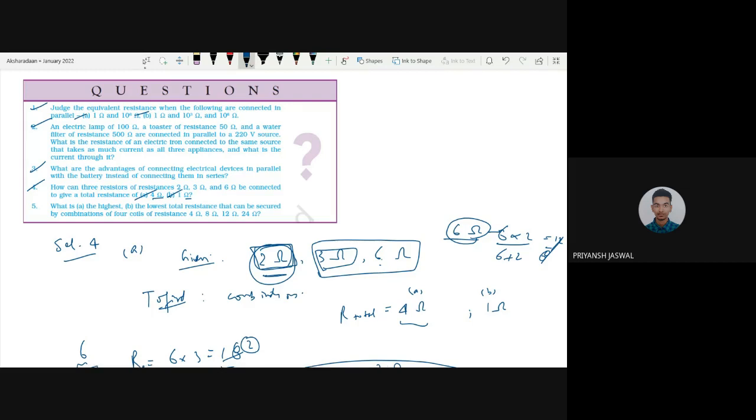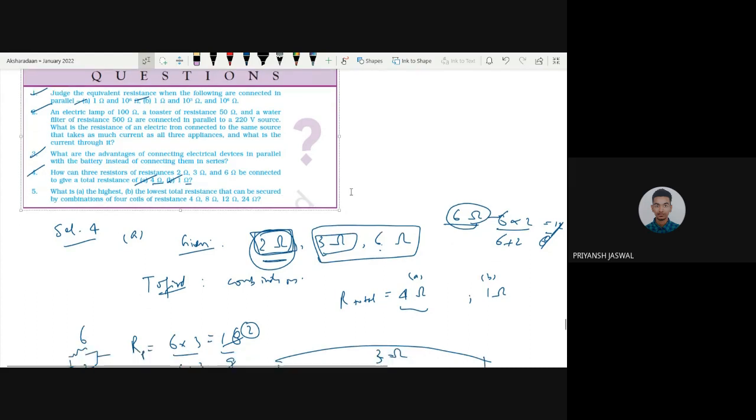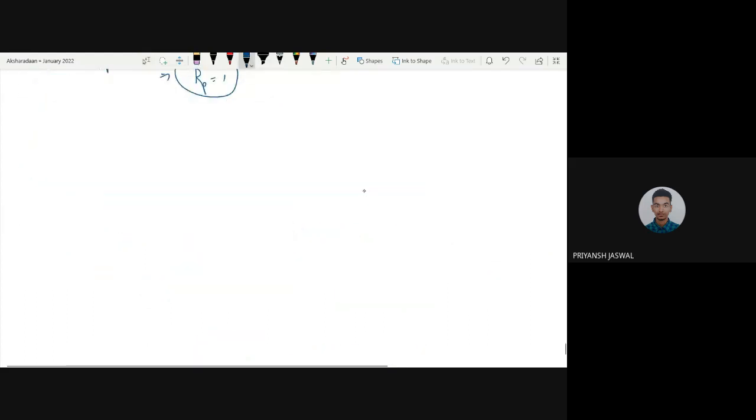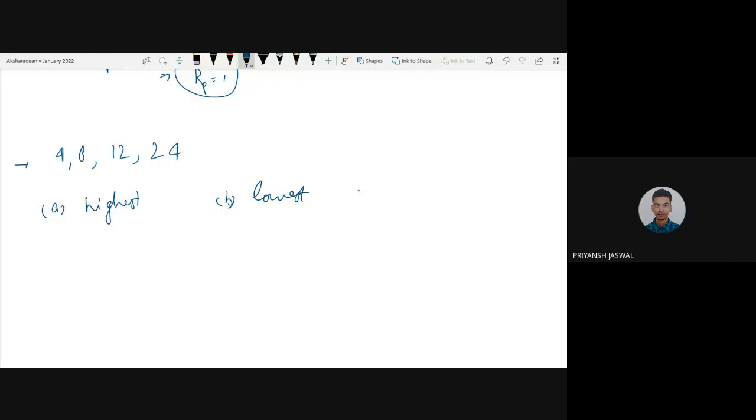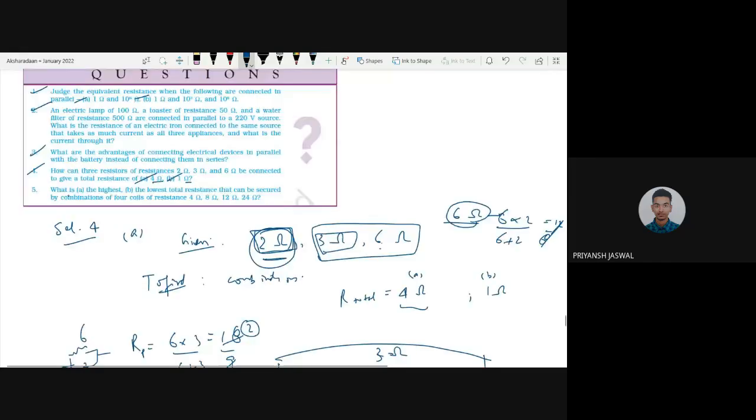Last question is, what are the highest and the lowest total resistance that can be secured by a combination of 4, 8, 12, 24 ohm resistances? Let me check the question again in case I have made any mistake. The highest, the lowest.